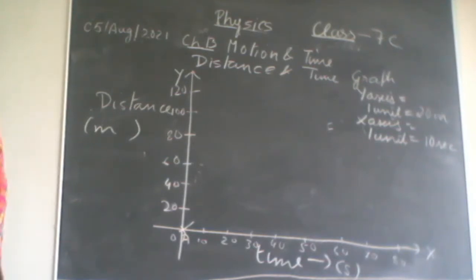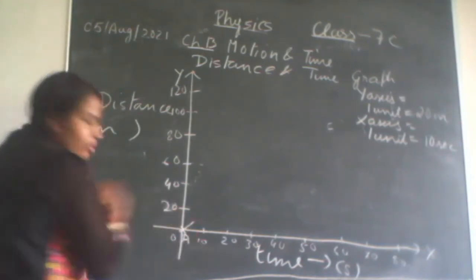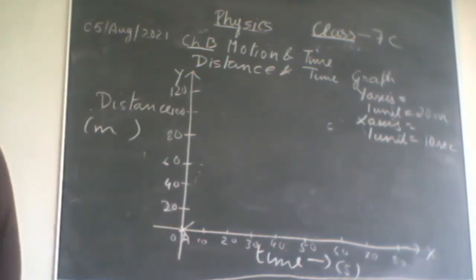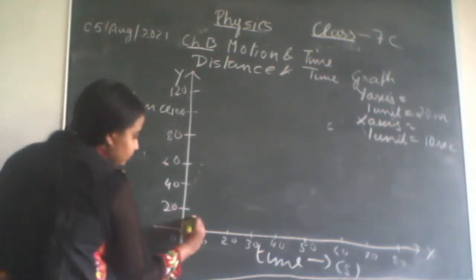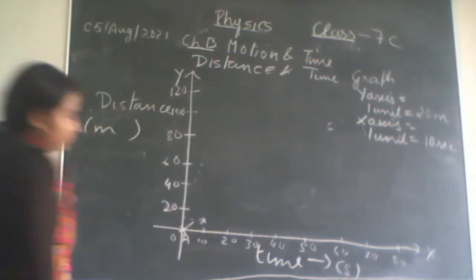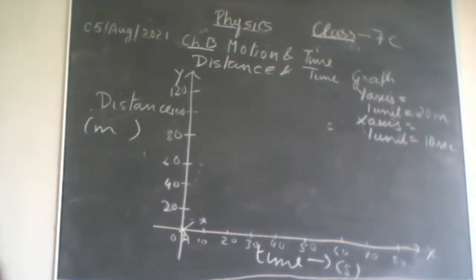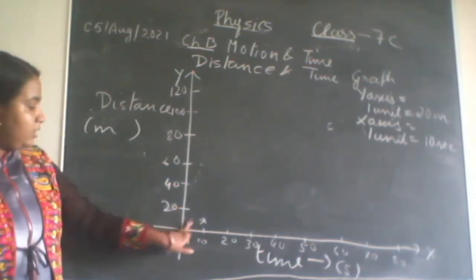Okay, now 0 at 0, again we are starting at 0. Then it's saying at 10, it is at 10, means somewhere here, yes or no? Yes, somewhere here, ma'am.